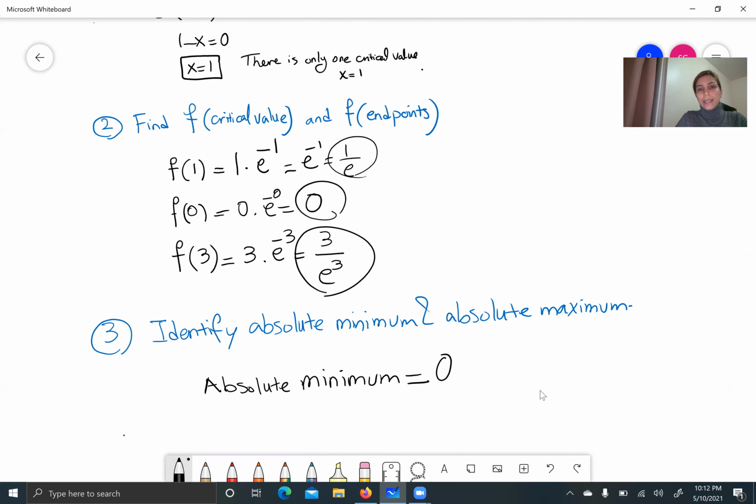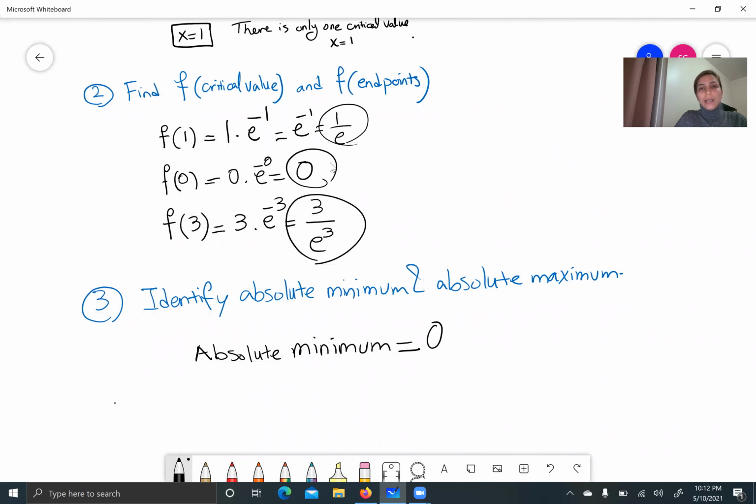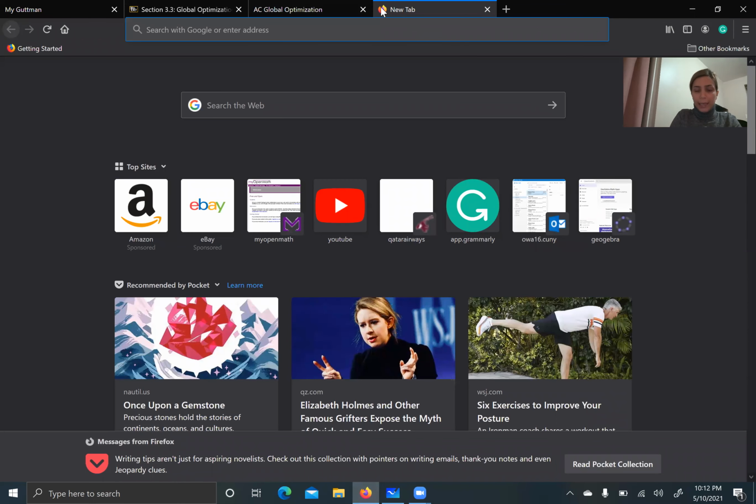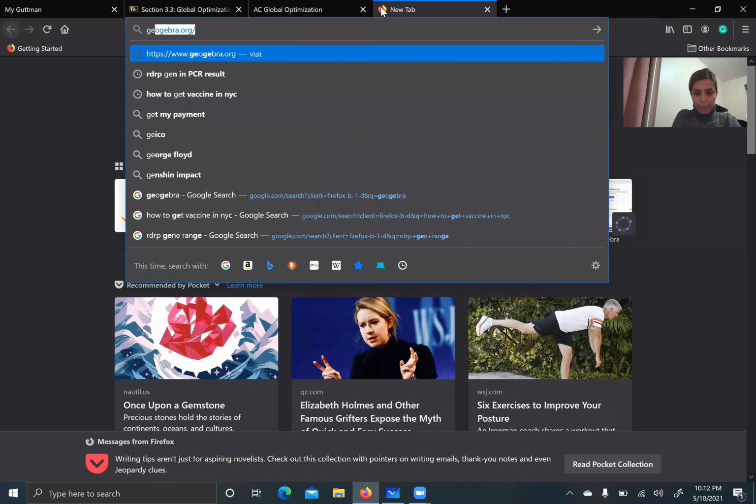Now, which one is greater? Is it 1 over e or 3 over e to the 3? I'm not sure at the moment. Let me check it with a scientific calculator.